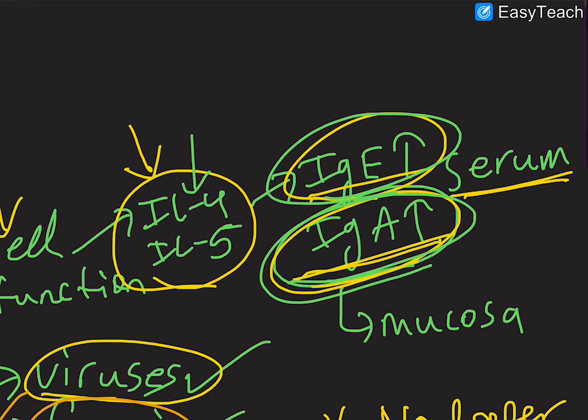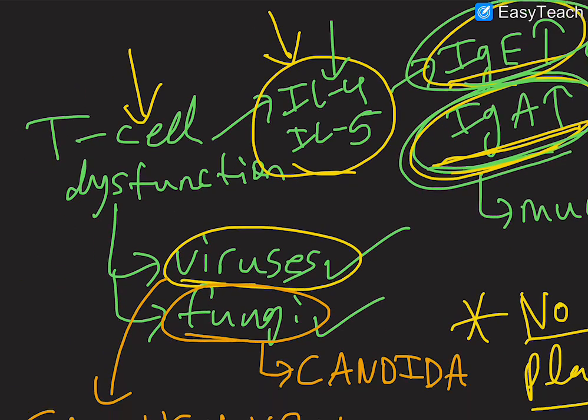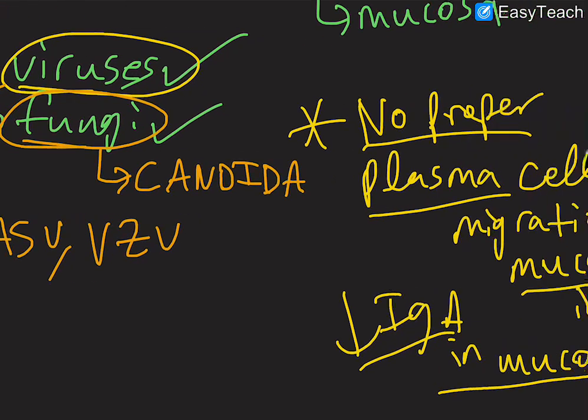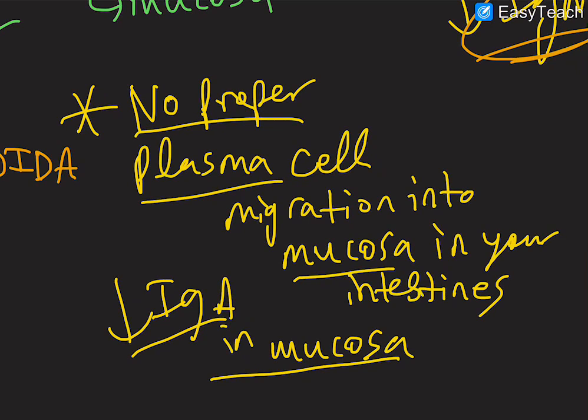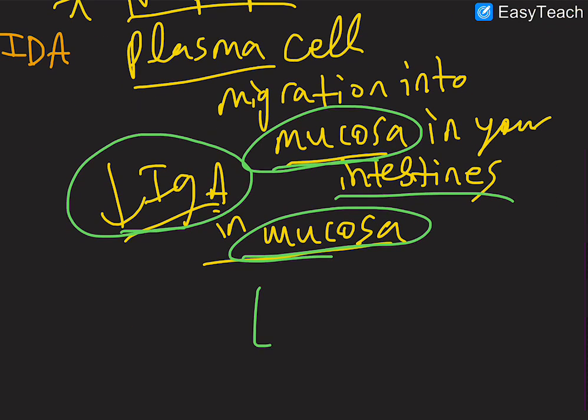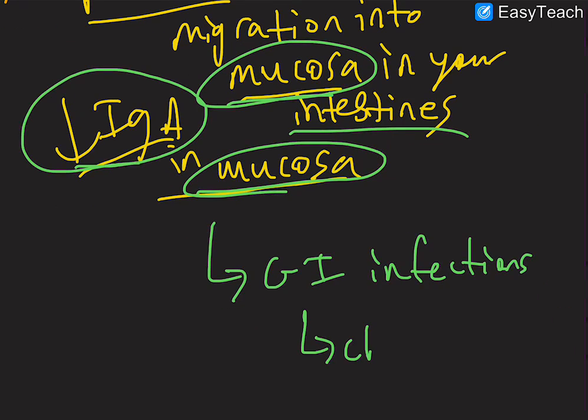However, this increases your IgA and IgE in your serum, but because you have B cell dysfunction, you don't have proper plasma cell activity or proper plasma cell migration into the mucosa of your intestines. So that means you're going to have low IgA in your intestinal mucosa, which means you're going to have more GI infections.